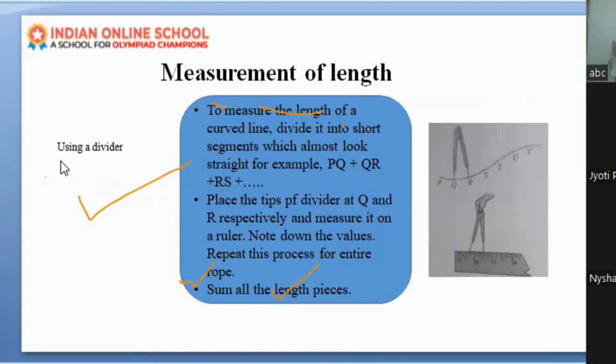Now here we are talking about the divider. How you can measure with it is self-explanatory. See how I am keeping a divider on the thread or whatever object you want to measure. Can you see that? Q to R, and then take that measurement on the scale and see what the actual length of that particular object is. So this is a simple way by which we can measure any object using a divider.